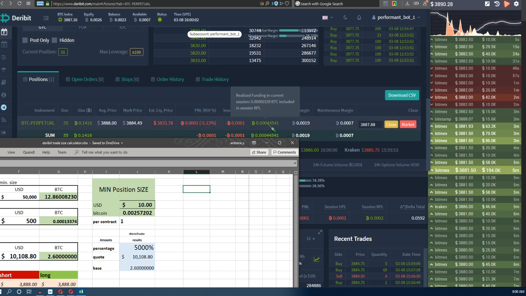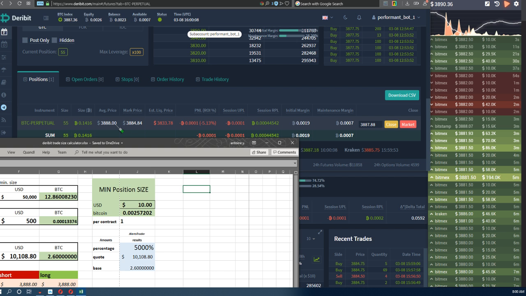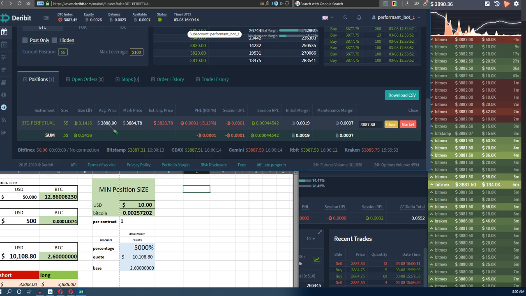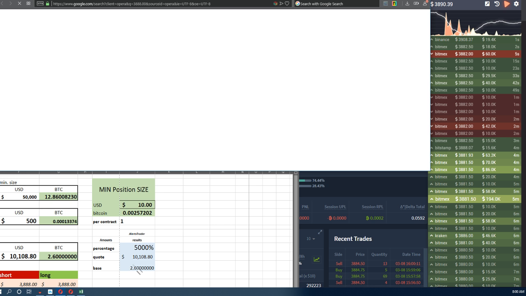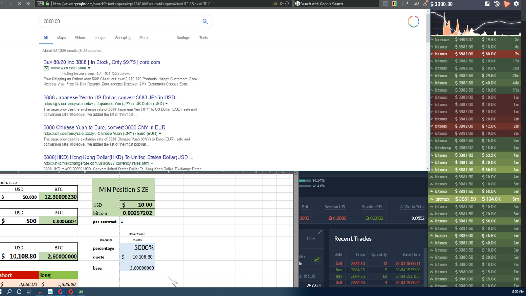I got the estimated liquidation price missing. I want to know the difference between the entry and the estimated liquidation price. My entry was 3,888.